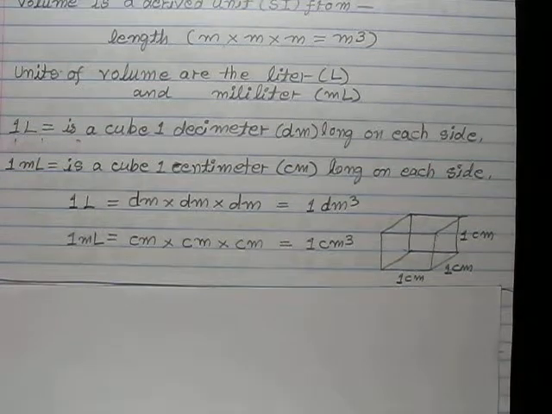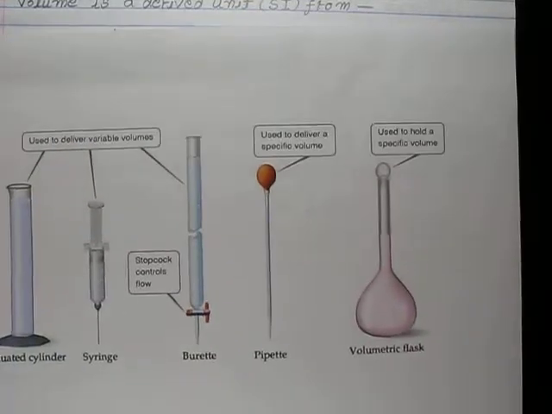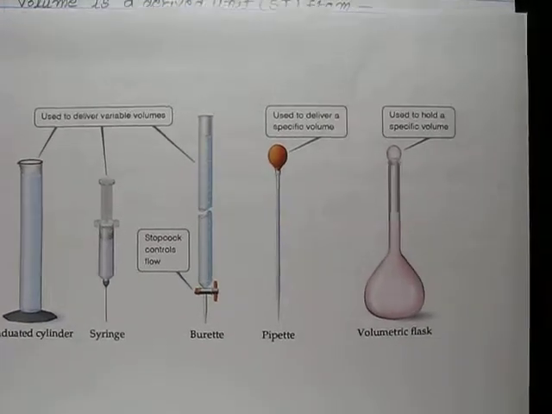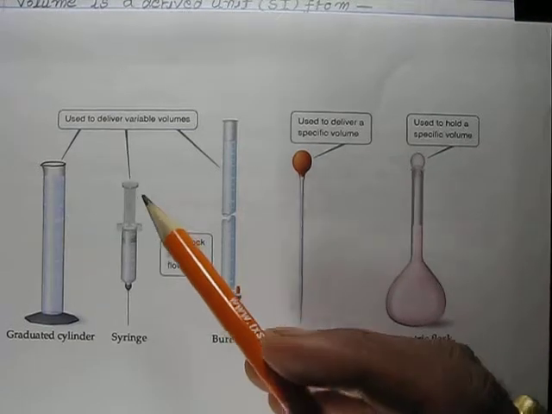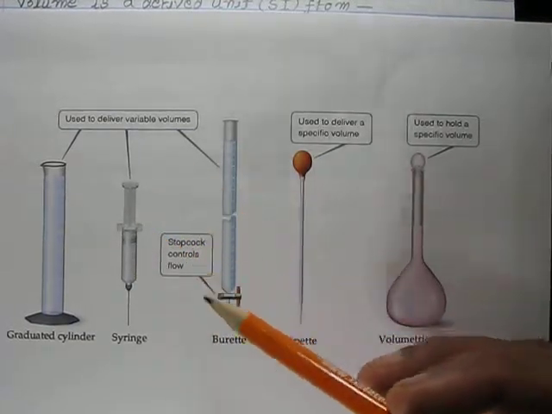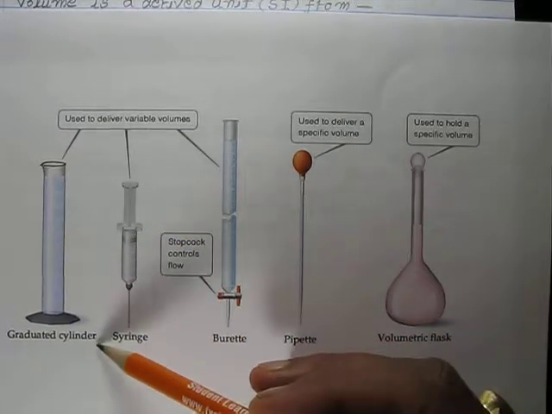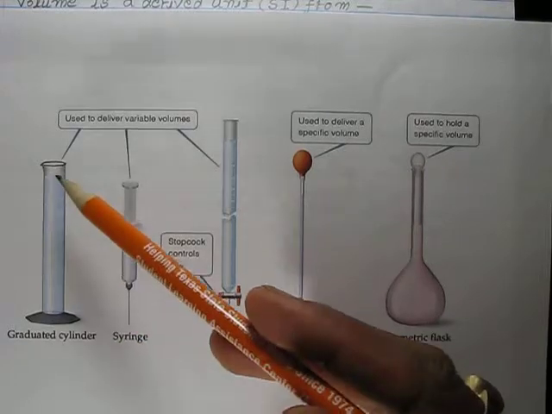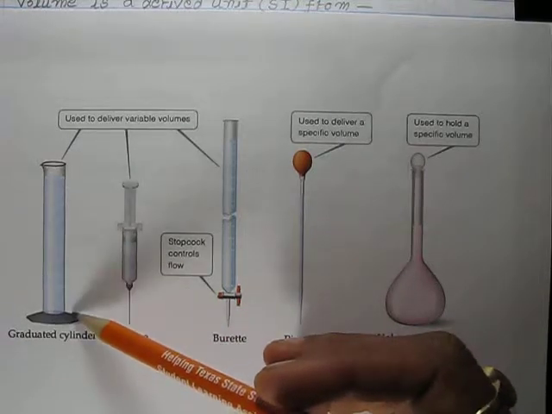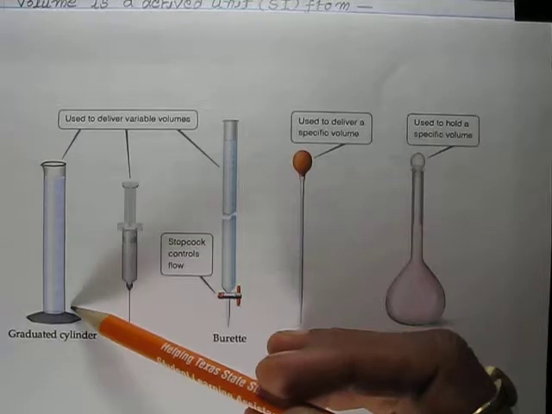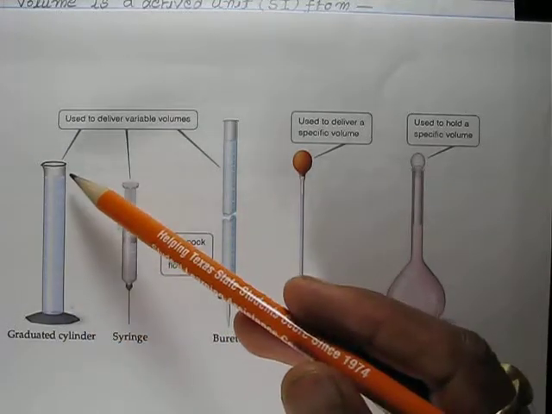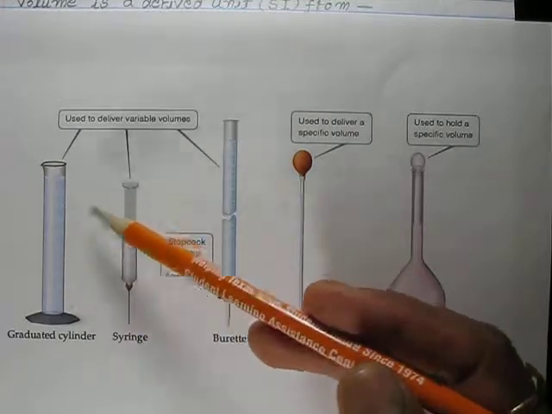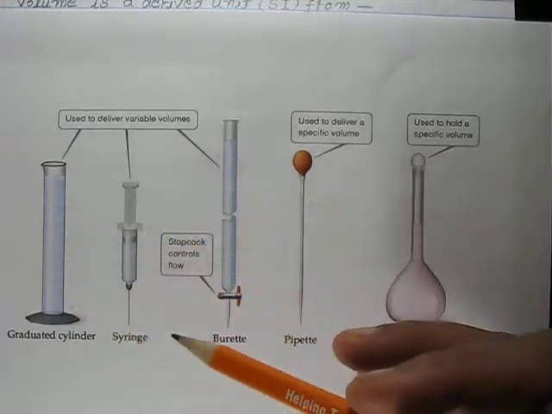So when you go to the lab, you will see this kind of apparatus used in the laboratory, like a graduated cylinder. It could be 50 ml, starting from 0 here and 100 here, or 50 ml, or 100 ml, or 10 ml, or 25 ml.